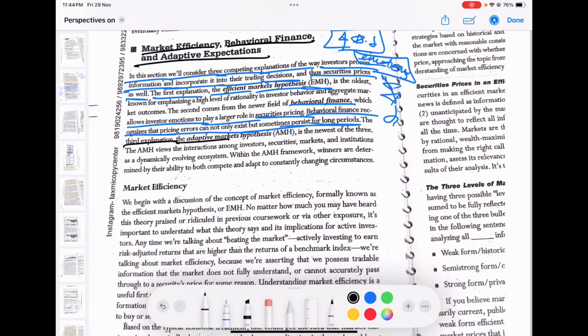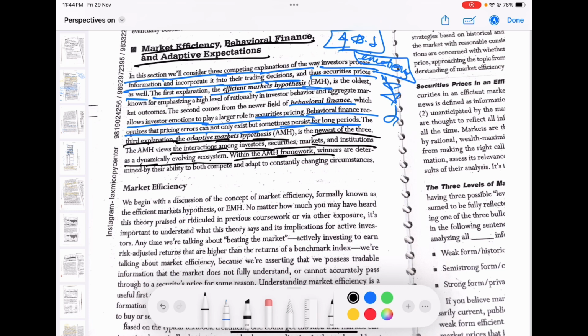The third explanation is the adaptive market hypothesis. We saw the efficient market hypothesis and behavioral finance. Now let's see what AMH is. The adaptive market hypothesis is new compared to behavioral finance and EMH. The AMH views the interactions among investors, securities, markets, and institutions as a dynamically evolving ecosystem.